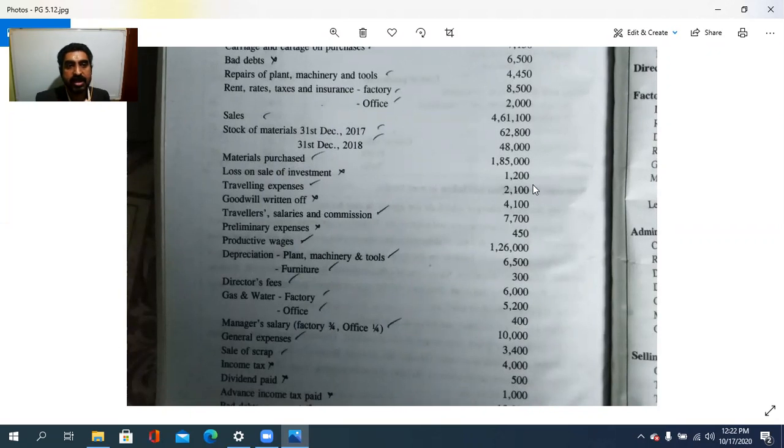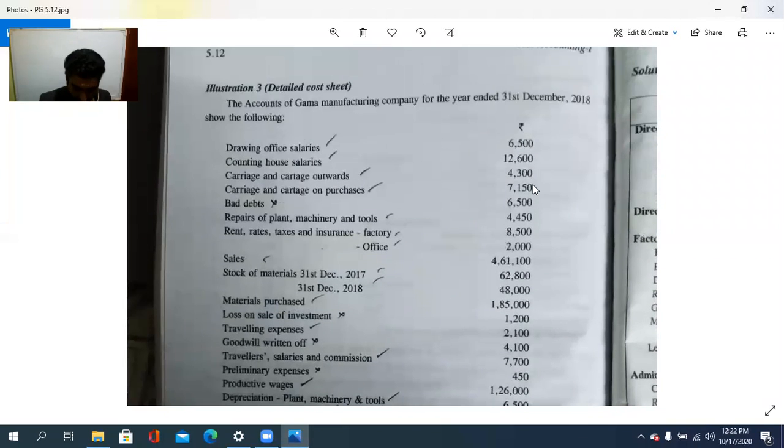Then non-financial items, that is the cost items, only need to be taken here. So we will look into that. Firstly, what is that? Detailed cost sheet. Per unit cost, amount column, and particulars column.